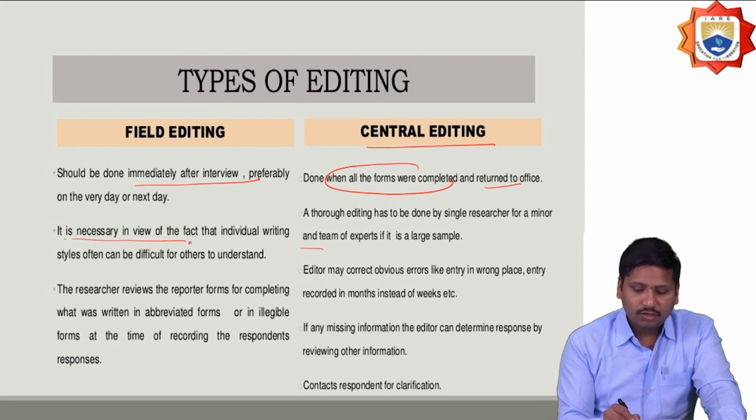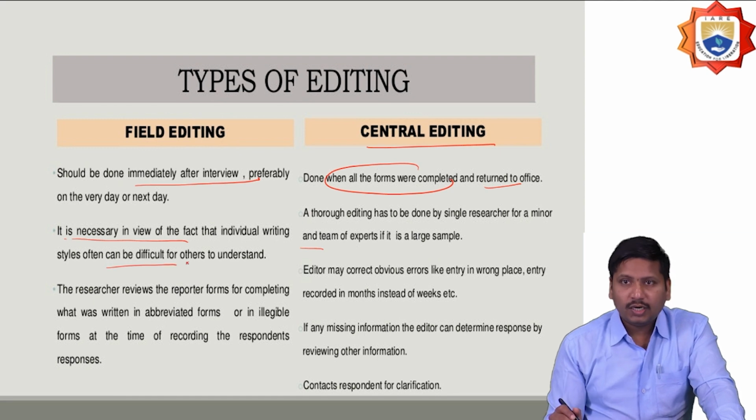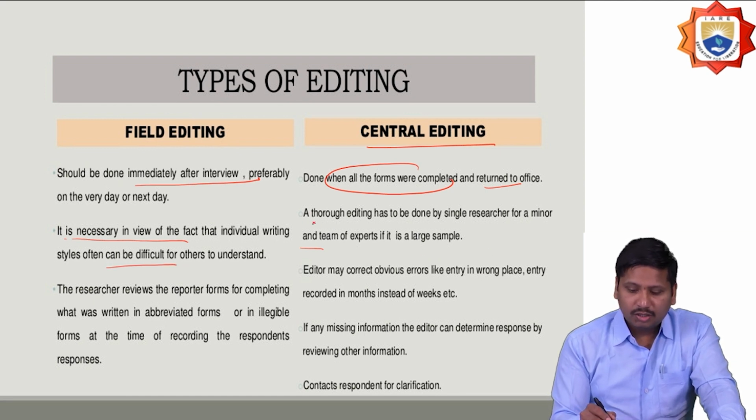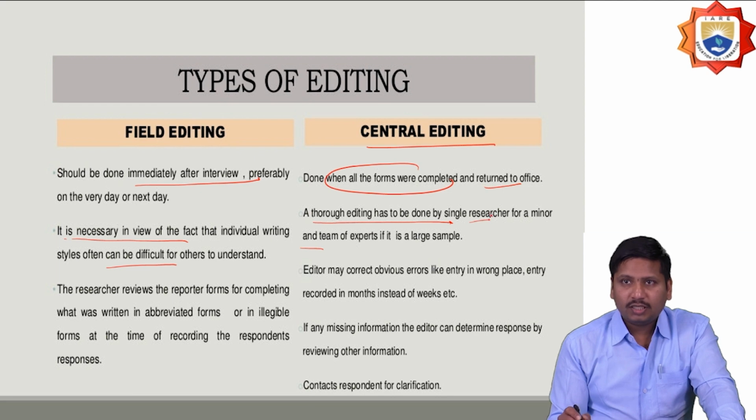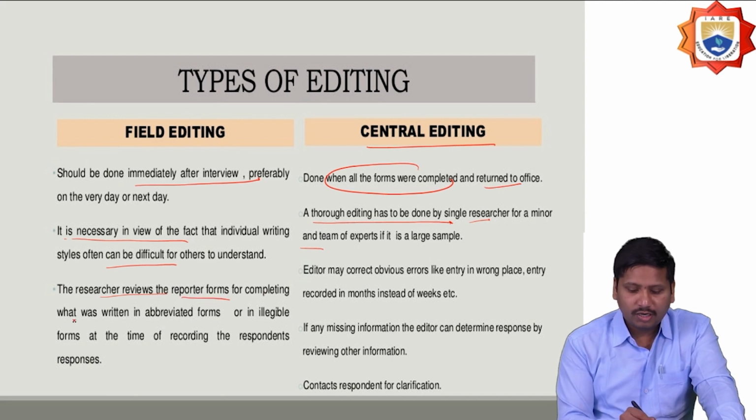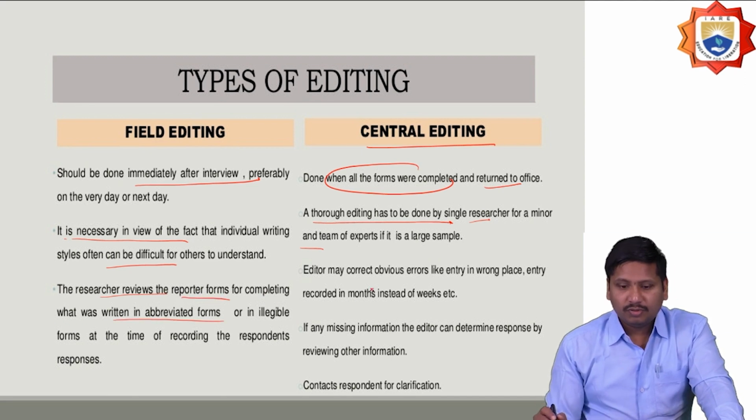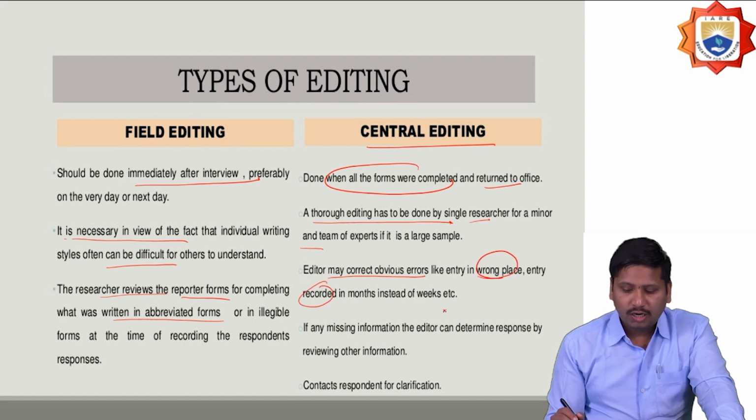And it is necessary to view the data since individual writing styles may be difficult to understand. But here thorough editing has to be done by the single researcher itself, for major and minor modifications if the sample size is large. And similarly, the researcher reviews the reported forms and completes them whenever they are incomplete or illegible. But here the editor may correct the obvious errors like an entry in the wrong place or an entry recorded like this.